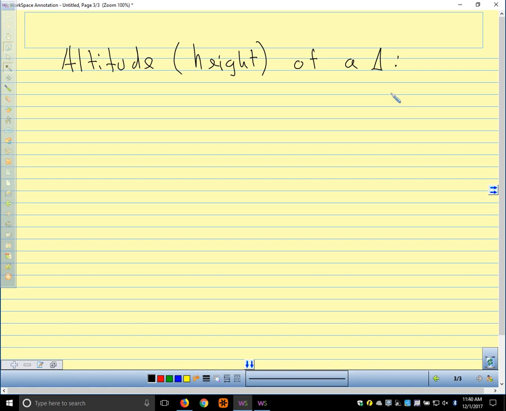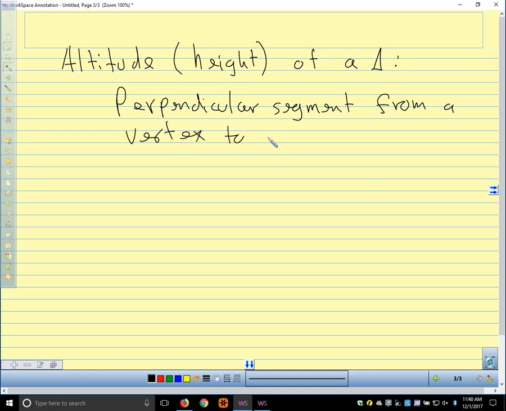But the altitude or the height of the triangle is a perpendicular segment from a vertex to the opposite side. And I'm going to put in parentheses, or an extension.